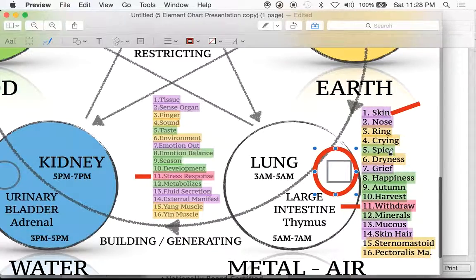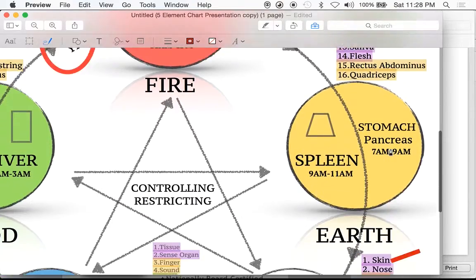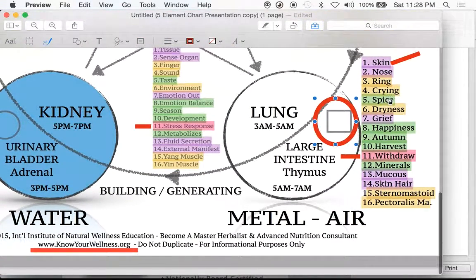Which gets us to the next step, which is the green, the things that are balancing to this element. So the green, spice. Spice is the taste, and it makes you breathe more. It opens up. So spice is really good for this element. Again, you've got to watch that in consideration of the large intestine.